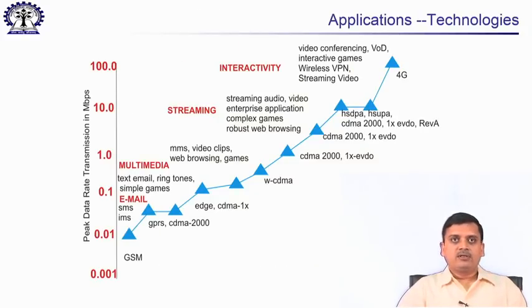In this particular figure, we try to see some of the different applications that have been pushing the development of the earlier generation mobile communication systems, and we will slowly look at some of the applications which are the drivers for the 5th generation mobile communication systems.